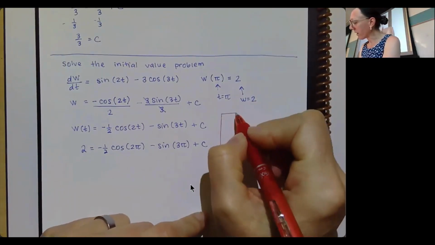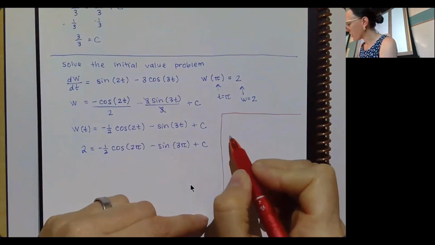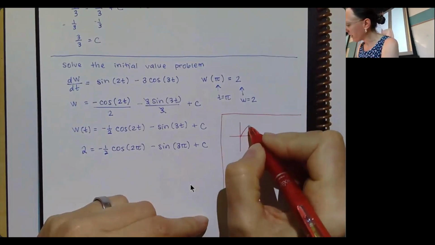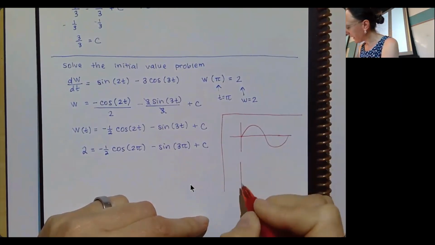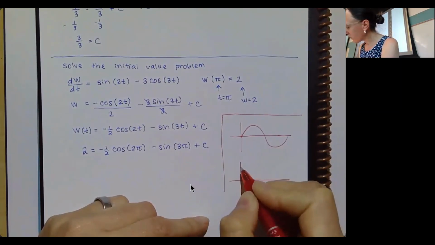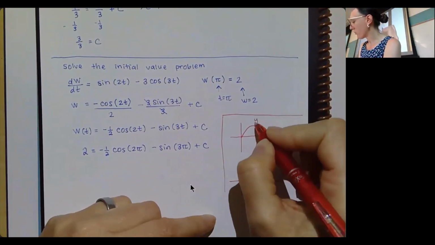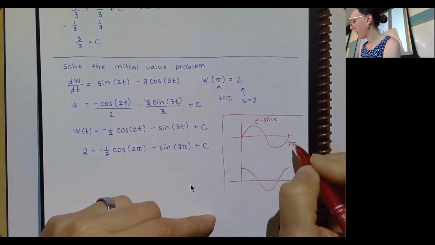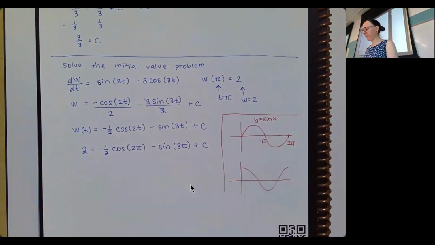One of my favorites, because you should probably know what the graphs of sine and cosine look like anyway, is to just think about a quick sketch of sine of x and cosine of x. So if this is just a regular old y equals sine of x, and the period is 2 pi, then pi is right in the middle.